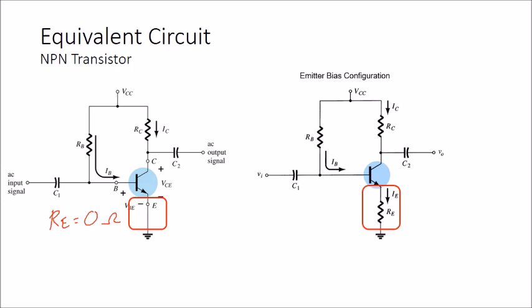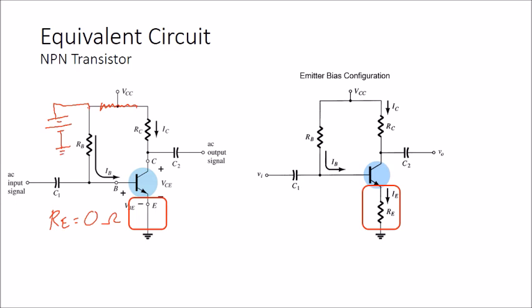Same as emitter bias configurations, you can split VCC into two sources, one connected to the RB. Here is the positive terminal, and the minus terminal will connect to the ground.